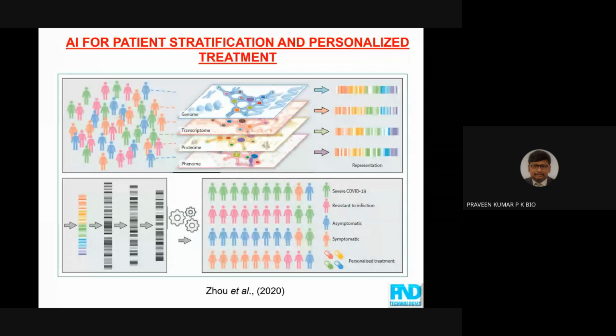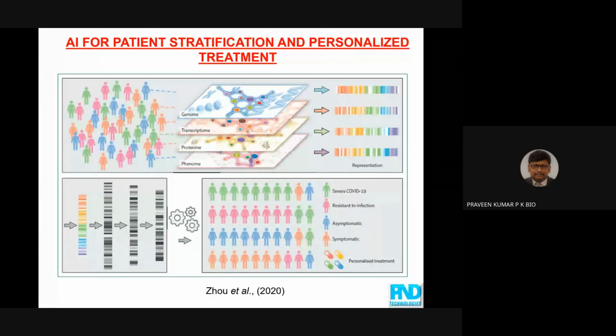So obviously, one should know that AI has come up with a revolution for personalized medicine treatment. Integrating all the types of genome, transcriptome, proteome, phenome, we can treat any type of patient. This is not breast cancer, this is something related to COVID-19.